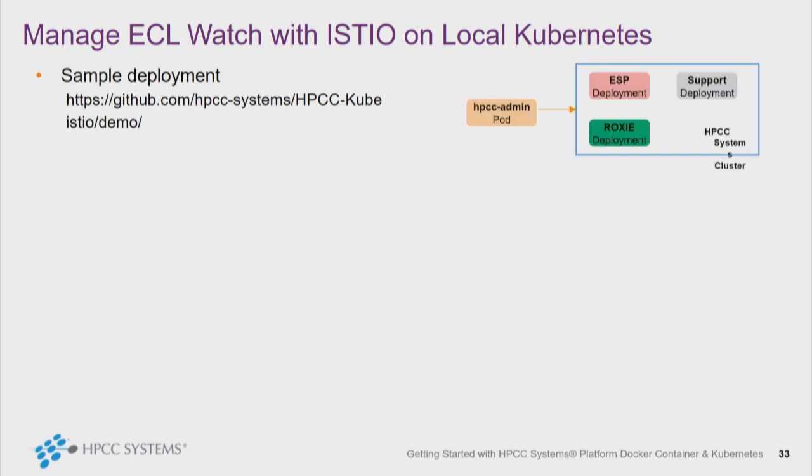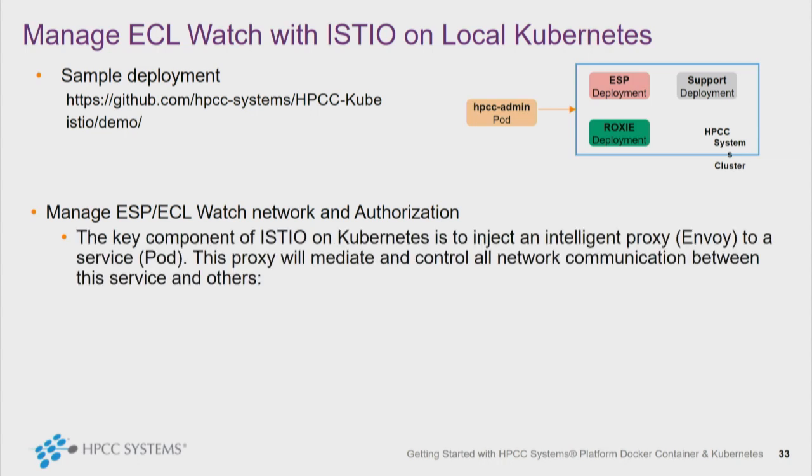So in our example, we will show a small HPC cluster, and we will demo some of Istio's functions on Kubernetes. Basically we will do ESP, ECL Watch, network, and authentication. The key component of Istio on Kubernetes is to inject an intelligent edge proxy called Envoy into your service.